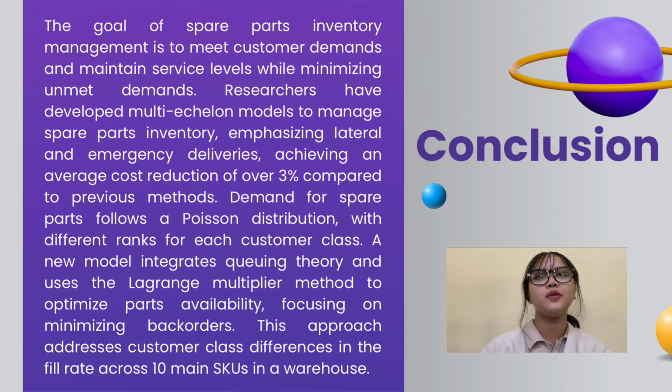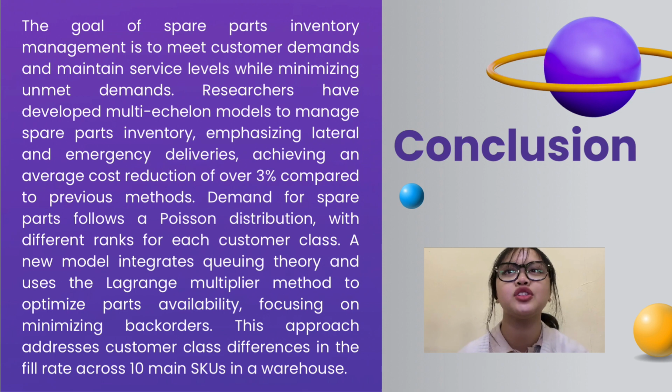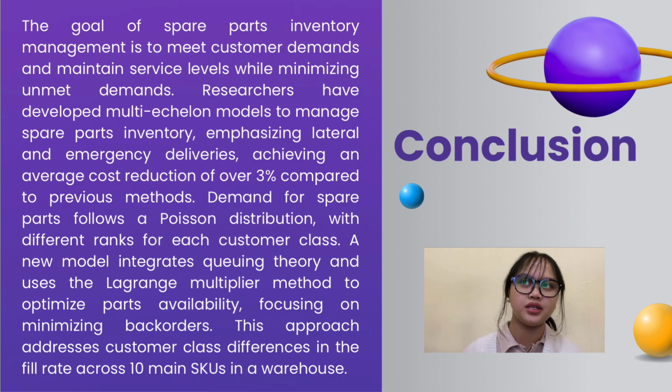So finally, we're in the last slide, which is the conclusion. The goal of spare parts inventory management is to meet customer demands and maintain service levels while minimizing unmet demands. Researchers have developed multi-echelon models to manage spare parts inventory, emphasizing lateral and emergency deliveries, achieving an average cost reduction of over 3% compared to previous methods.